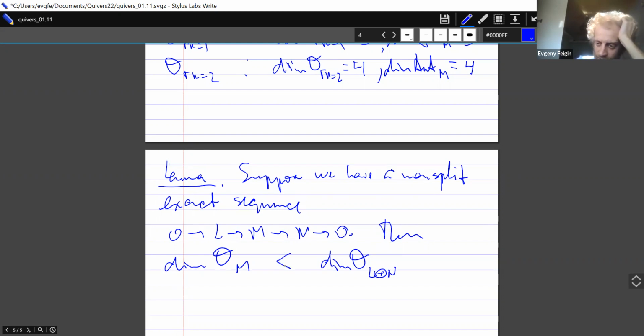So what about other participants? So what do you think? I think that the dimension of the stabilizer of M should be greater. So the dimension of the orbit should be less. So you agree with this, yeah? Yeah.